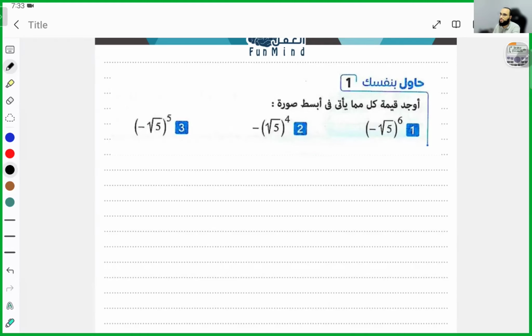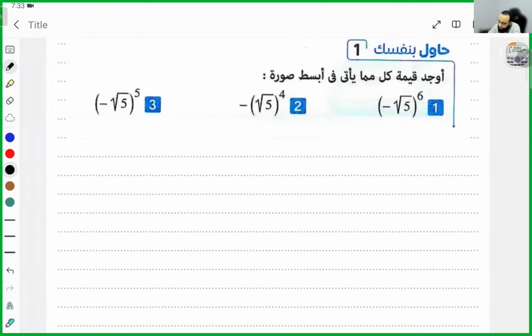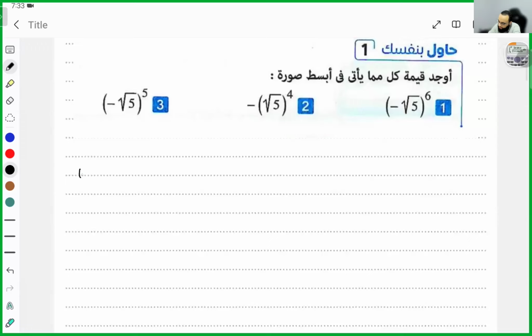Let's solve the next one, يا محمد الحسين. Number 1, it's negative root 5 power of 6. How can you do it? Firstly, the power is even. Then what do we do with the negative sign? We remove it.